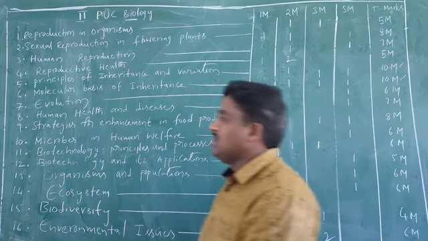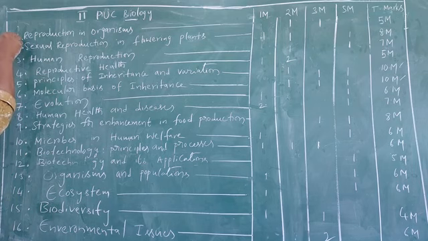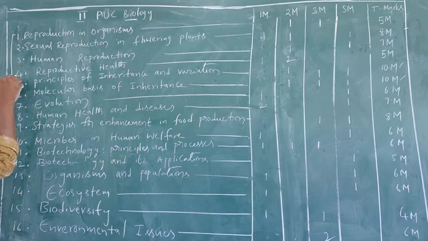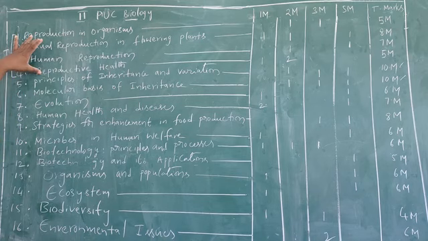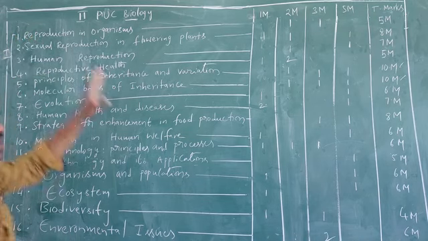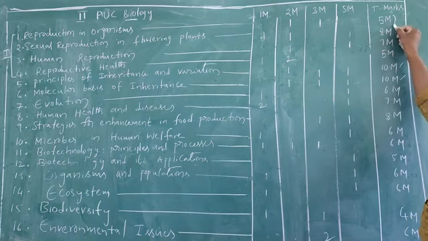So from the syllabus point of view, as I already said, here are the first 4 chapters. Here you can see this is the first unit. From the first unit, 4 chapters are included. So, the total unit-wise weightage you can see.